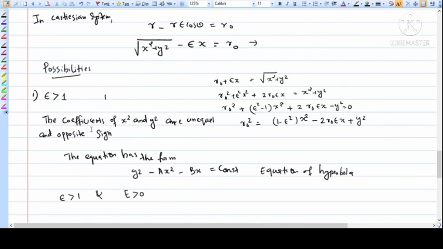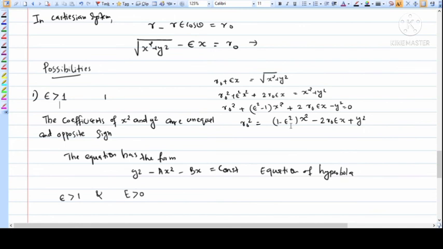That is r minus r epsilon cos theta is equal to r0, and what is r? r is x square plus y square whole raised to half, minus epsilon x is equal to r0. And you do this calculation, and you will get like this.